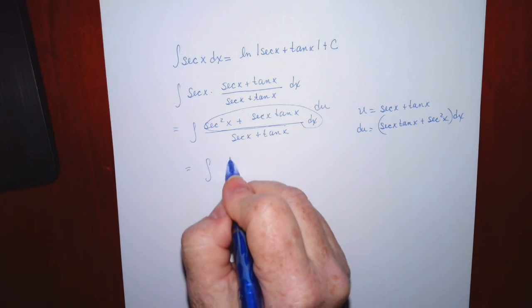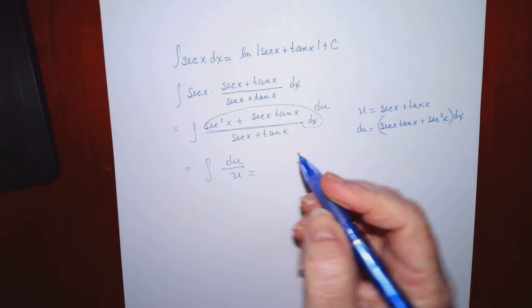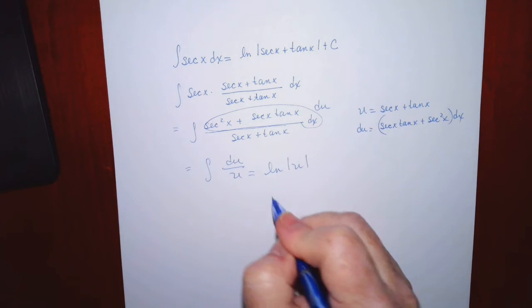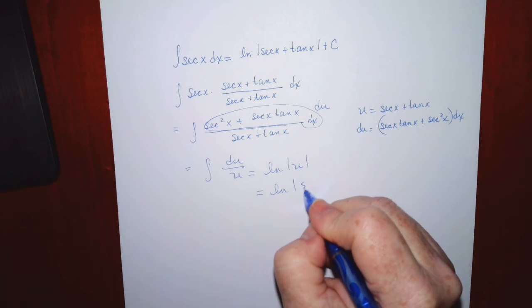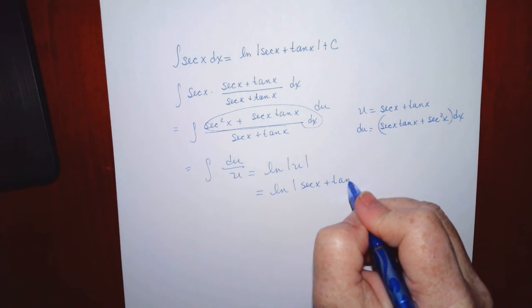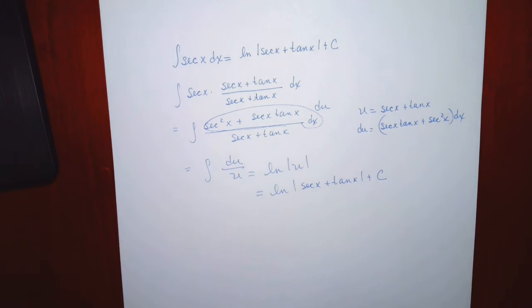So this would be the integral of du over u, which is the natural log of the absolute value of u, or the natural log of the absolute value of secant x plus tangent x plus c. And as I mentioned, that's not entirely intuitive as far as the way you come up with that. So that's one of those integral rules that I would definitely consider worth memorizing, because it's just too time consuming to have to derive that every single time.